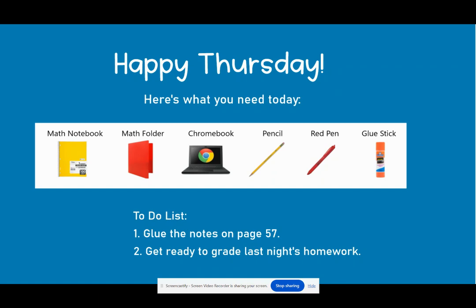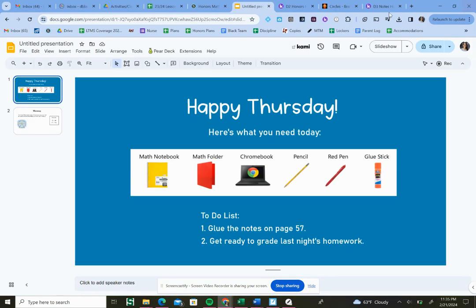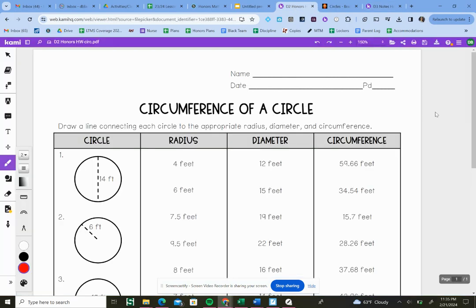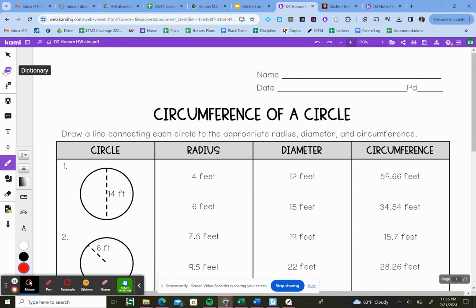All right, so today we are going to do area of circles. So make sure you have your notes glued in, and we will get ready to grade last night's homework. All right, so circumference of a circle. First thing I'm going to do is write my formulas at the top.